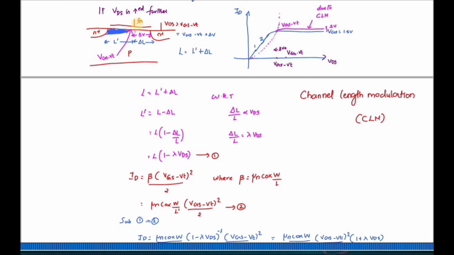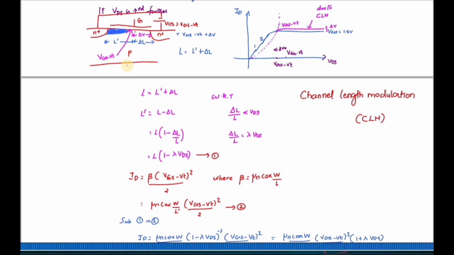If I increase the VDS further, I am giving a reverse bias to the drain: a positive value to the drain and a negative value to the source. If I give a reverse bias to this P and N type junction, the depletion region increases. If the depletion region increases, my channel length starts to decrease, right? And this point is called the pinch off region.